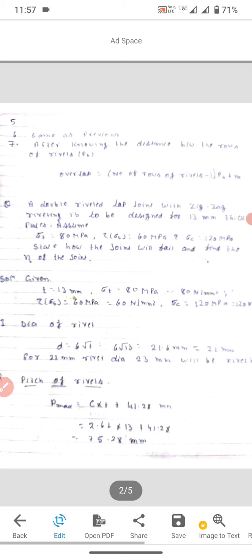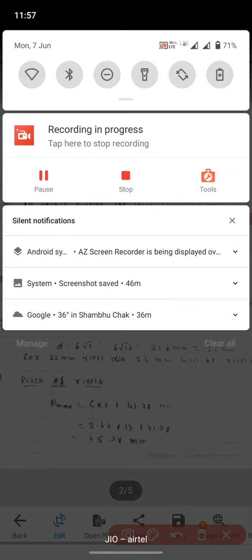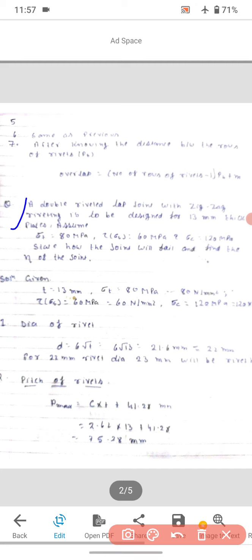You may see a numerical in front of your mobile, and I am giving you 1 minute to read this problem and keep the given in your mind.